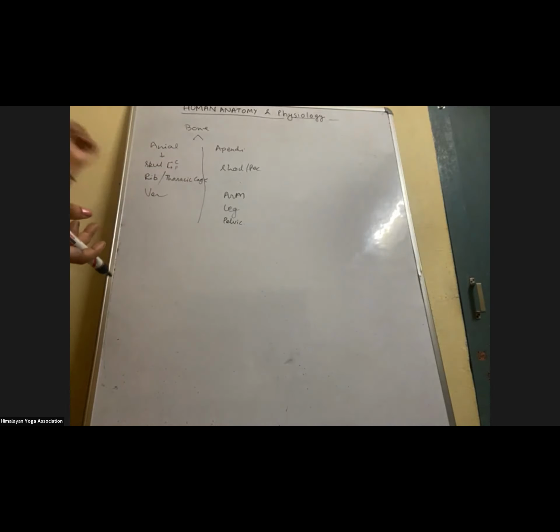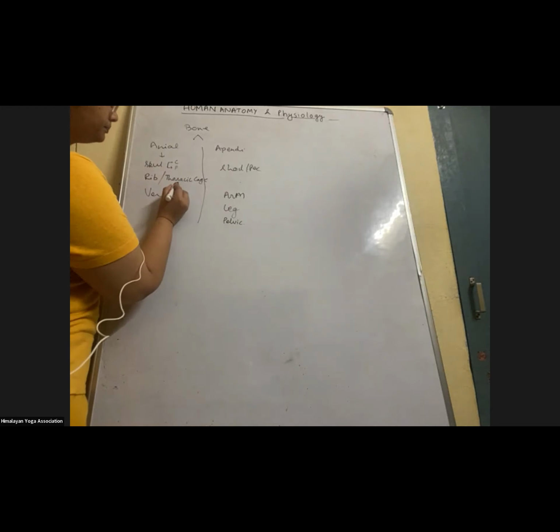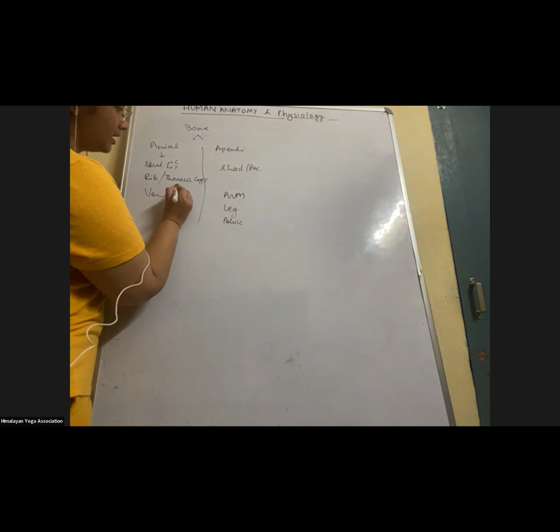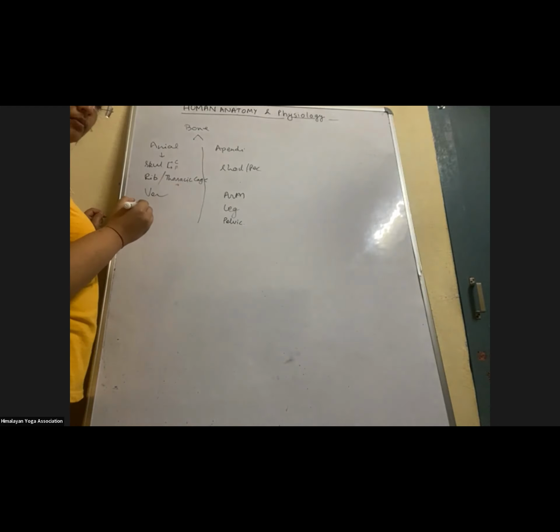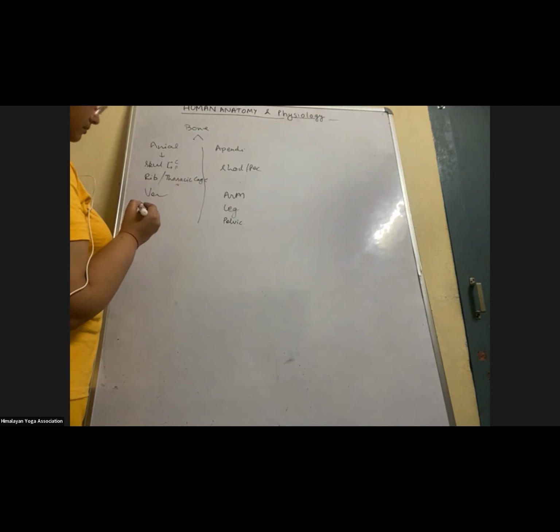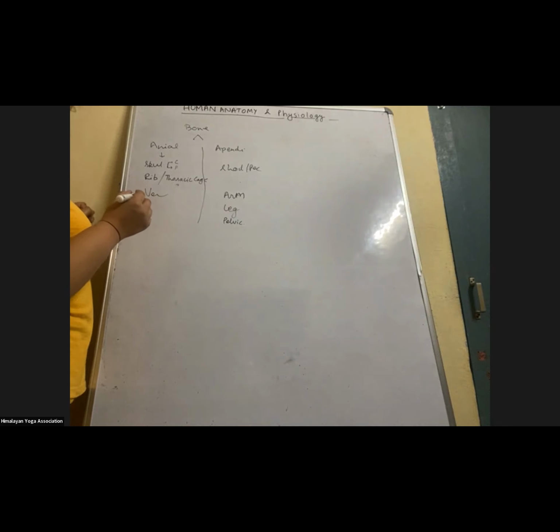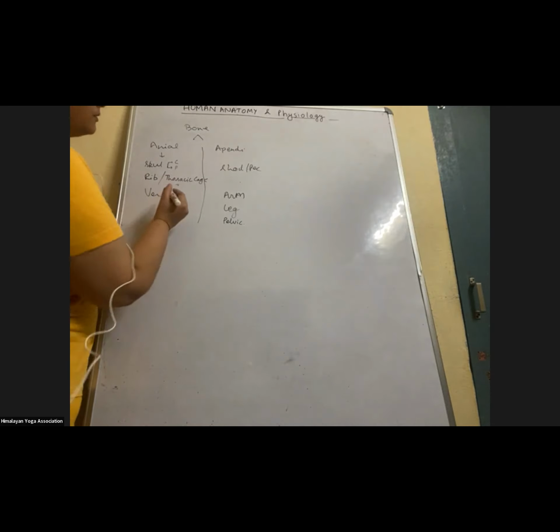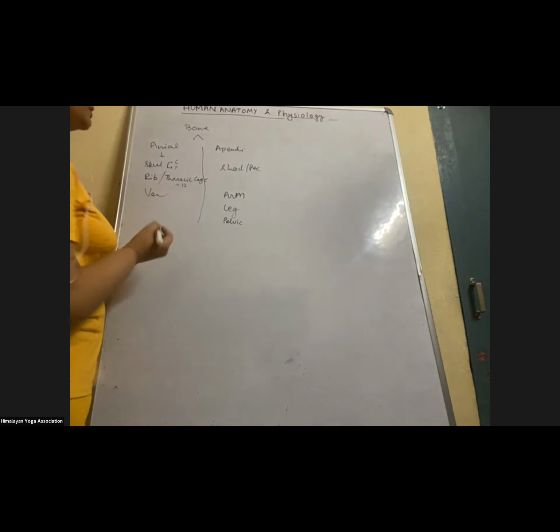Now tell me, in the rib cage, how many pairs do we have? 12 pairs. Yes, very good.